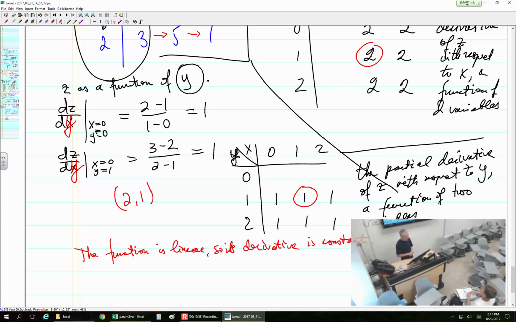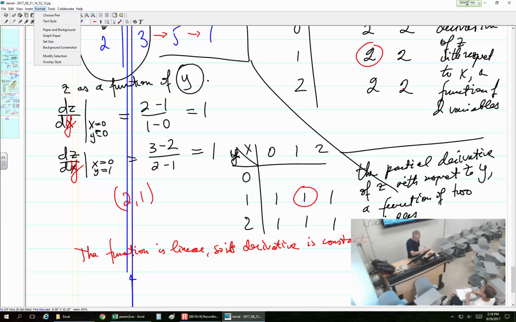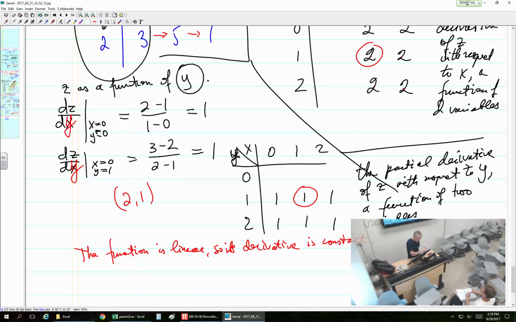All right. So computationally, let's take this inside and quickly look at what this means computationally. So my function z is equal to 2x plus y plus 1. So how do we get those partial derivatives which we computed by ratios?